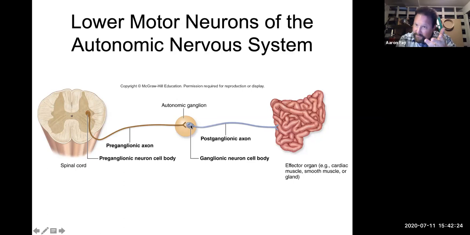More correctly, the axon of the preganglionic neuron leaves the spinal cord, enters the peripheral nervous system, and then enters a ganglion, where you will find ganglionic neuronal cell bodies, and it will synapse there. The axon of a ganglionic neuron is called a postganglionic axon, because it's the axon after the ganglion. This will then innervate and service your particular effector.